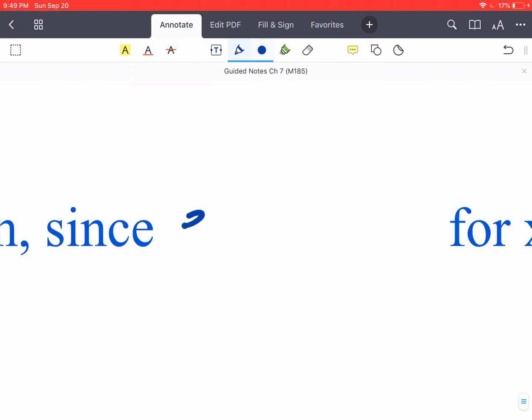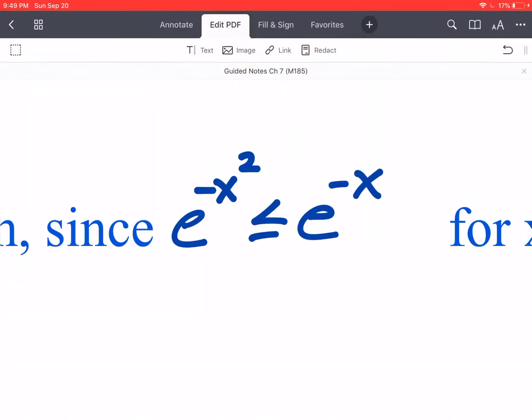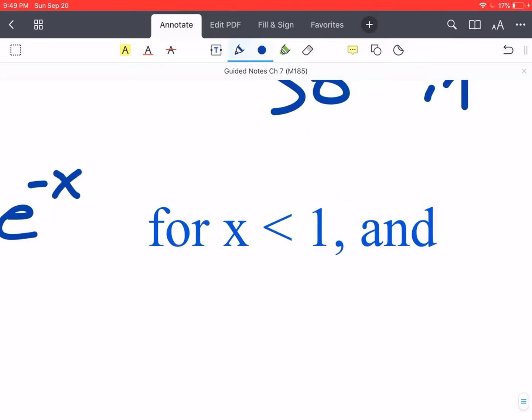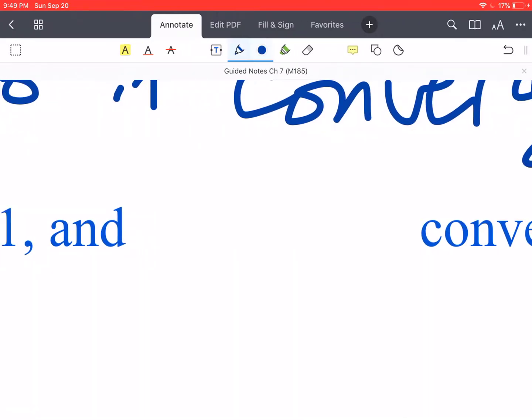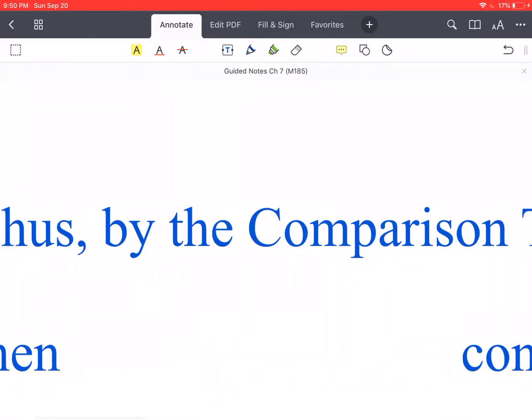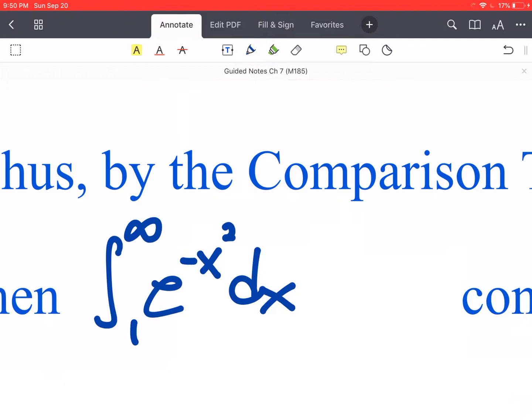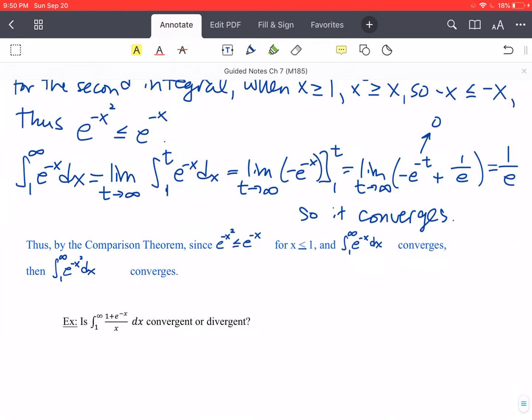Okay, so we have e to the negative x squared being less than or equal to e to the negative x for x less than or equal to 1, and the integral from 1 to infinity of e to the negative x dx converges. Then the integral from 1 to infinity of e to the negative x squared dx converges as well.